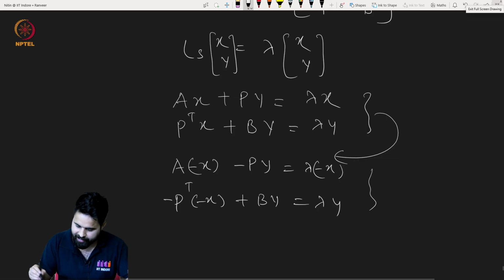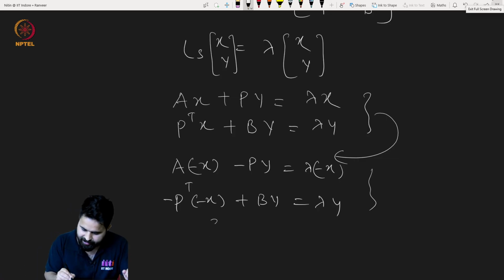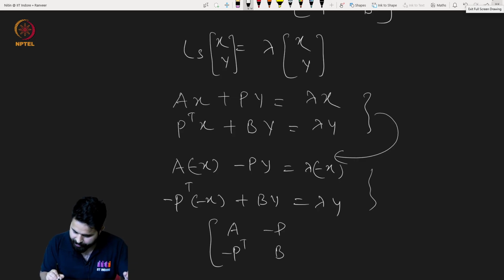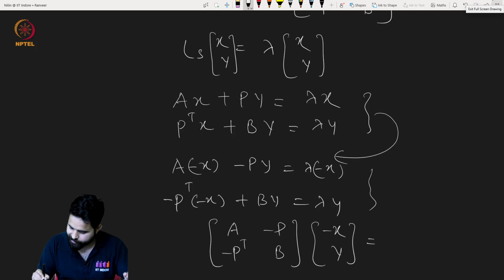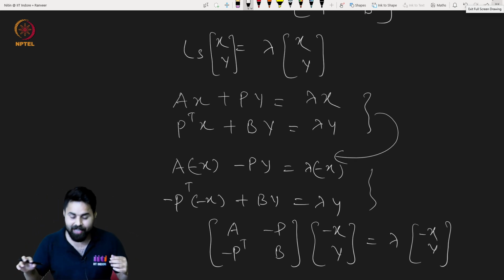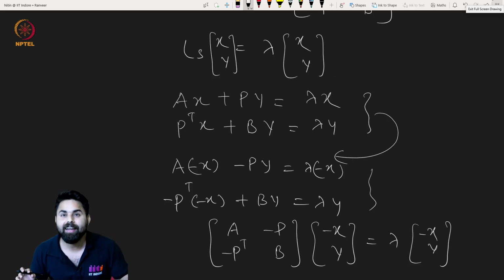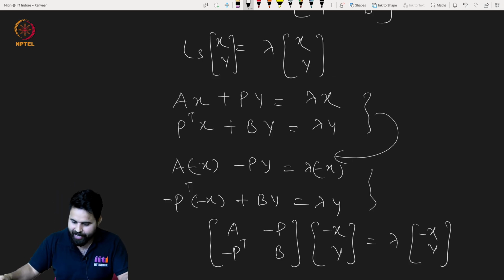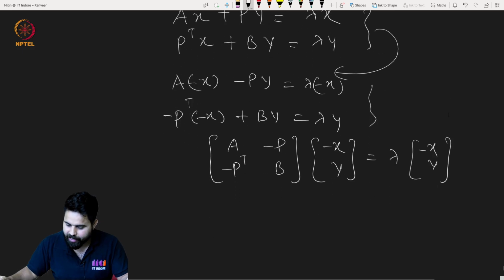This further implies that A minus P transpose B times minus x, y is nothing but lambda times minus x, y. That means lambda is also an eigenvalue of the unsigned Laplacian matrix. So these eigenvalues are the same.